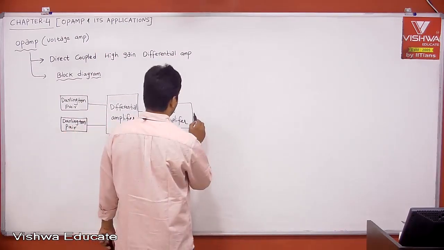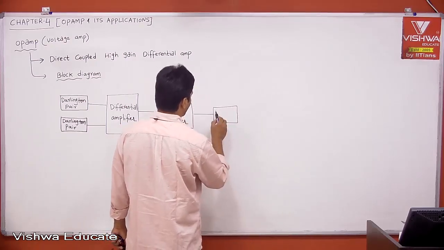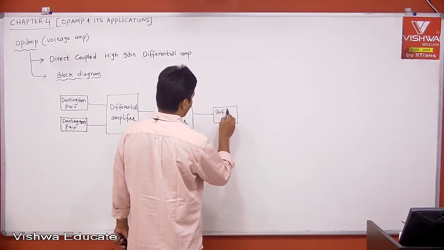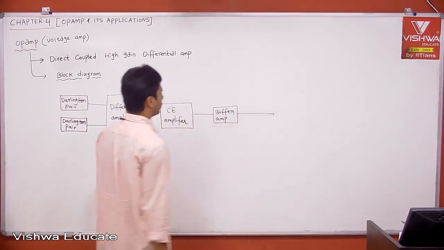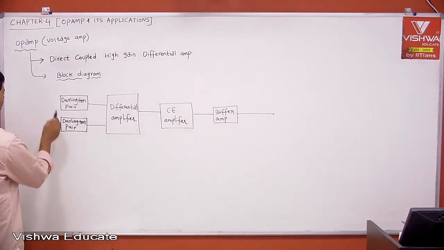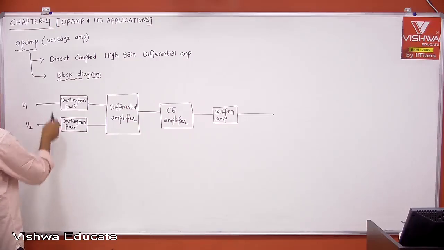Now we have finally a buffer amplifier. What is a buffer amplifier? Again your CC amplifier. And this is our output. Therefore, how many inputs do you have? You have two inputs. Let us say this is V1 and then V2, and that is your V0.